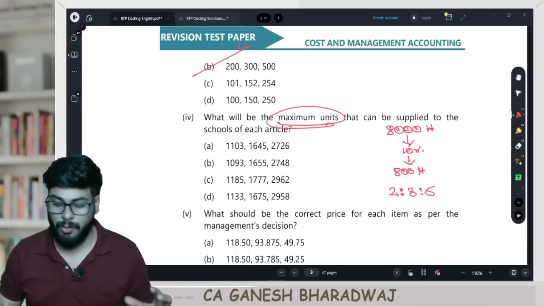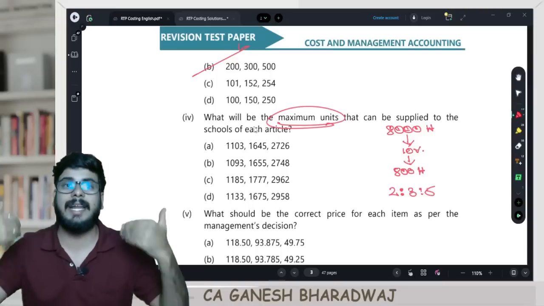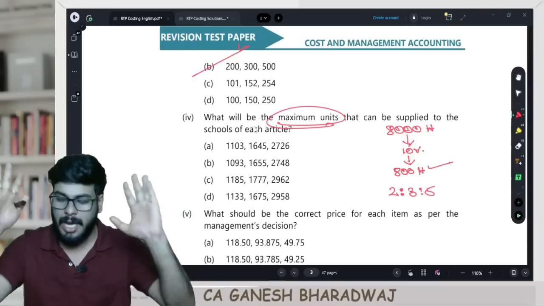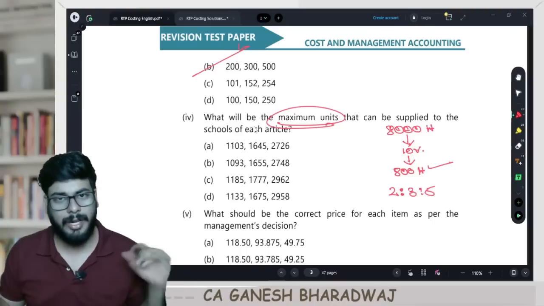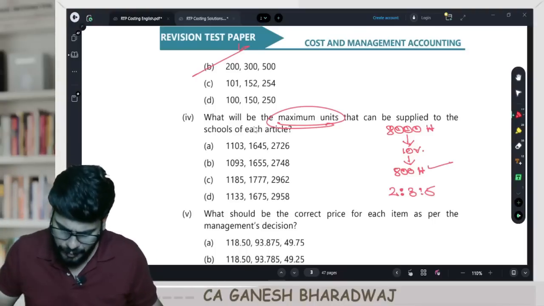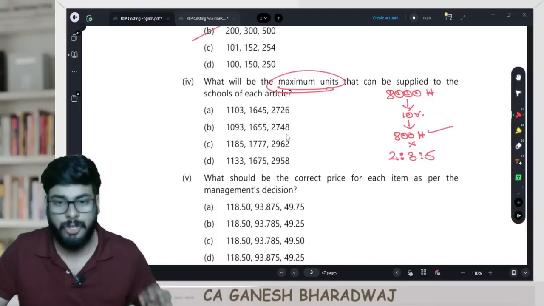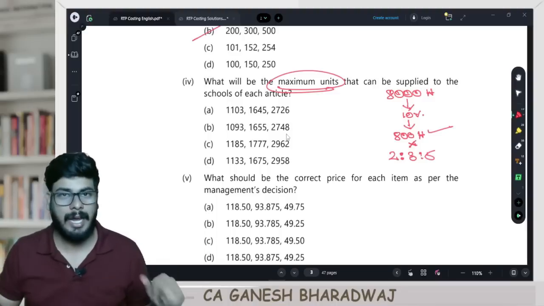Now they are asking you what can be the maximum number of units of each of the products that I can supply, given the fact that I have only 800 hours allocated for this particular activity, that is supplies made to school. How can you do this? Very, very simple. Now you can assume that let the total number of units of A plus B plus C put together be equal to X. We can have that, right?